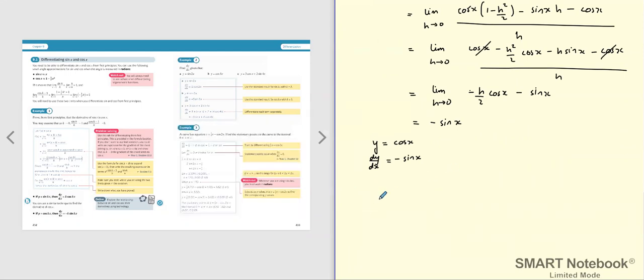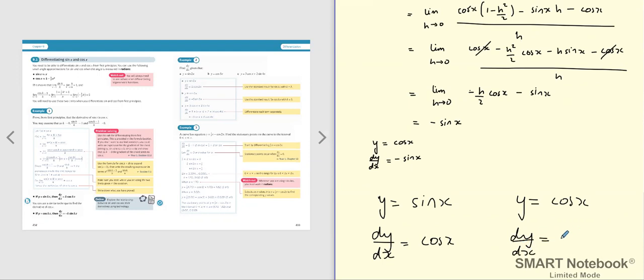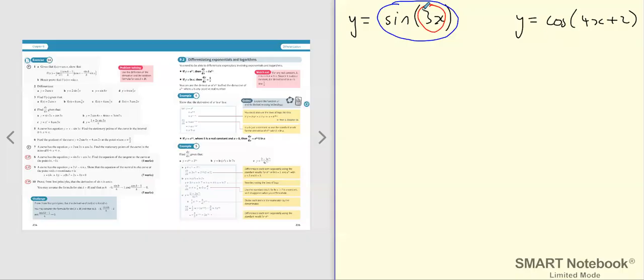We can say that if y equals sine x, we can quote the result that dy by dx equals cos x, and if y equals cos x, dy over dx equals minus sine x. These are results that you can quote. You don't need to prove them every time now.